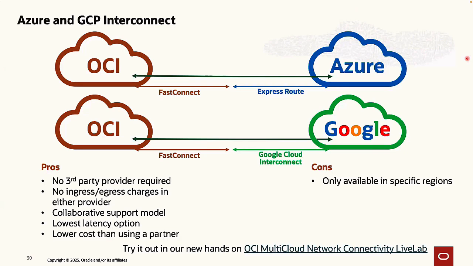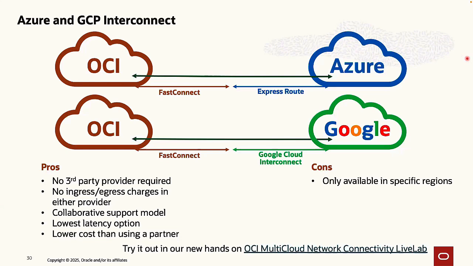But now we have a dedicated connectivity between Azure and Google with OCI to avoid this partner. No ingress egress charges in either provider, collaborative support model, lowest latency options, lower cost than using a partner. And the only con we have for interconnect is it is only available in specific regions.